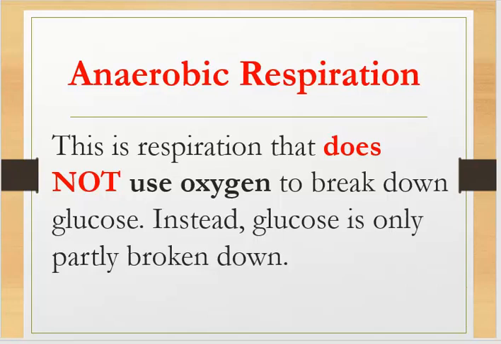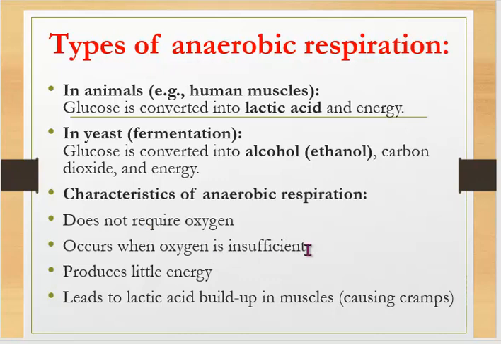And types of anaerobic respiration we have in animal, e.g. human muscle. It occurs in animals and it occurs in yeast. In animals it takes place in the muscle, the muscle of humans. Glucose is converted into lactic acid and energy.